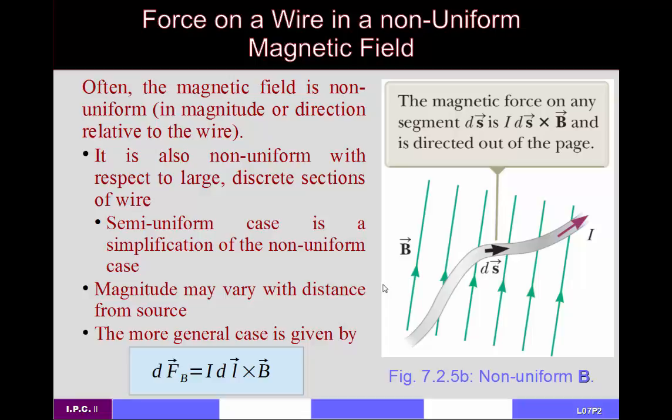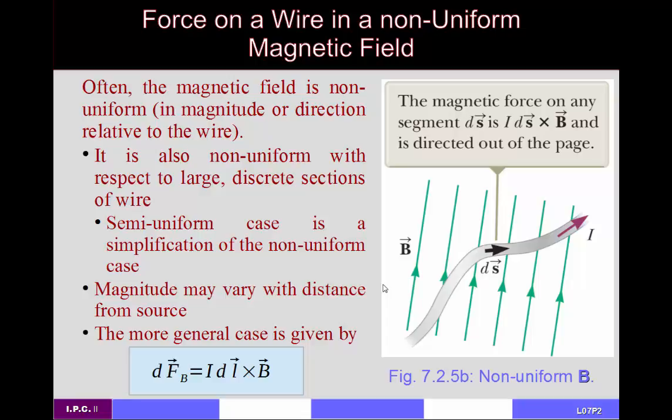The strength of the magnetic field may not be uniform. In other words, it could be generated by some source and the wire is large compared to the distance from the source, that kind of thing. Or the loop is large compared to the distance from the source in such a way that the magnetic field strength is not the same everywhere on the wire.